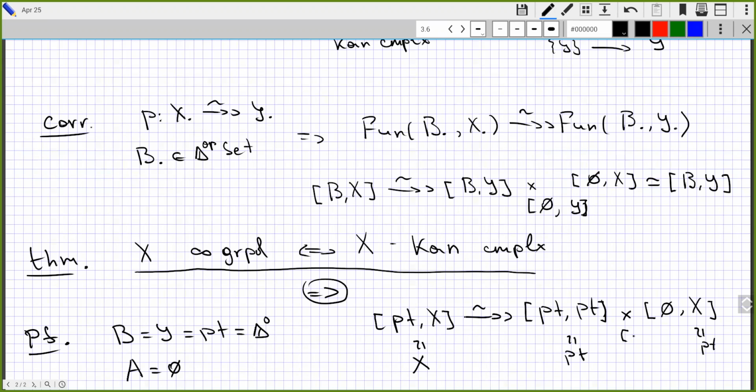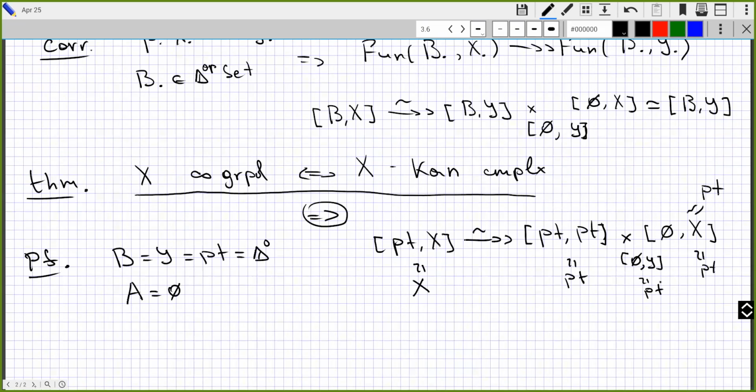And then it is all over such a thing that is also a point, and the whole thing is also a point.